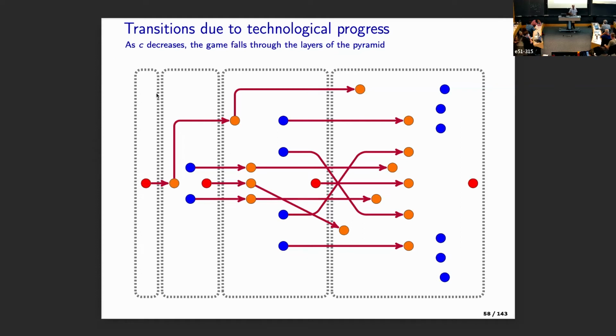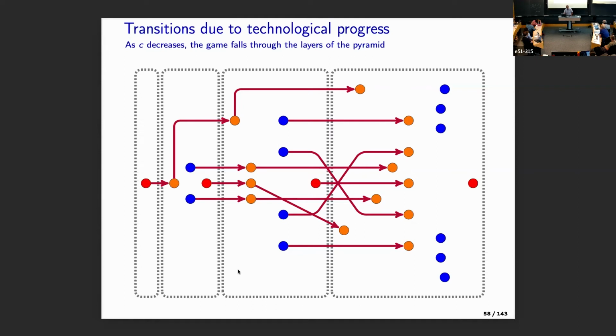And the arrows are the transitions. I've drawn these arrows. They correspond to the transitions through the pyramid, which correspond to the technological improvement. And so, as we saw before in the example, technological improvement takes the problem from the edges and the corners back into the interior of the layer, into these yellow dots.